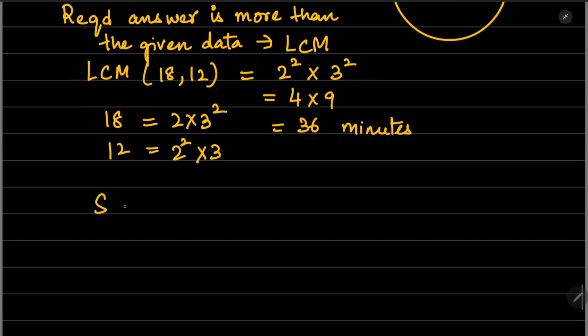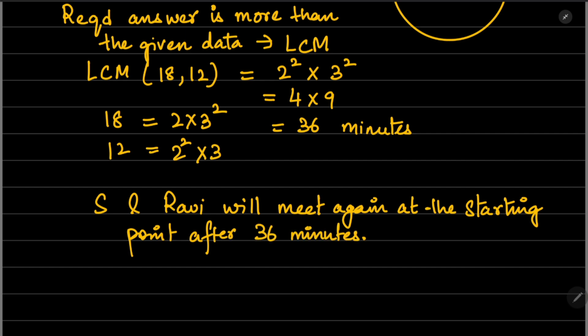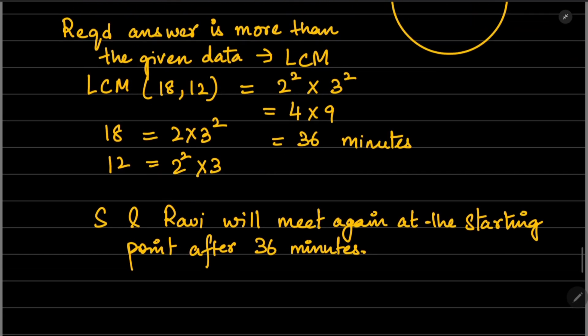You have to write: Sonia and Ravi will meet again at the starting point after 36 minutes. That's your answer.